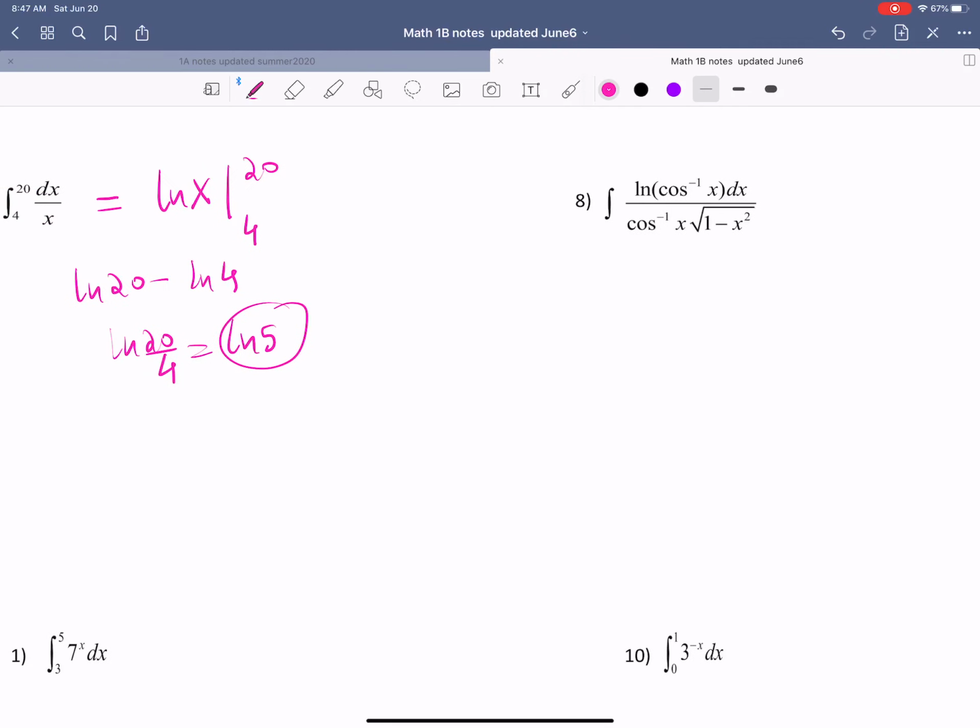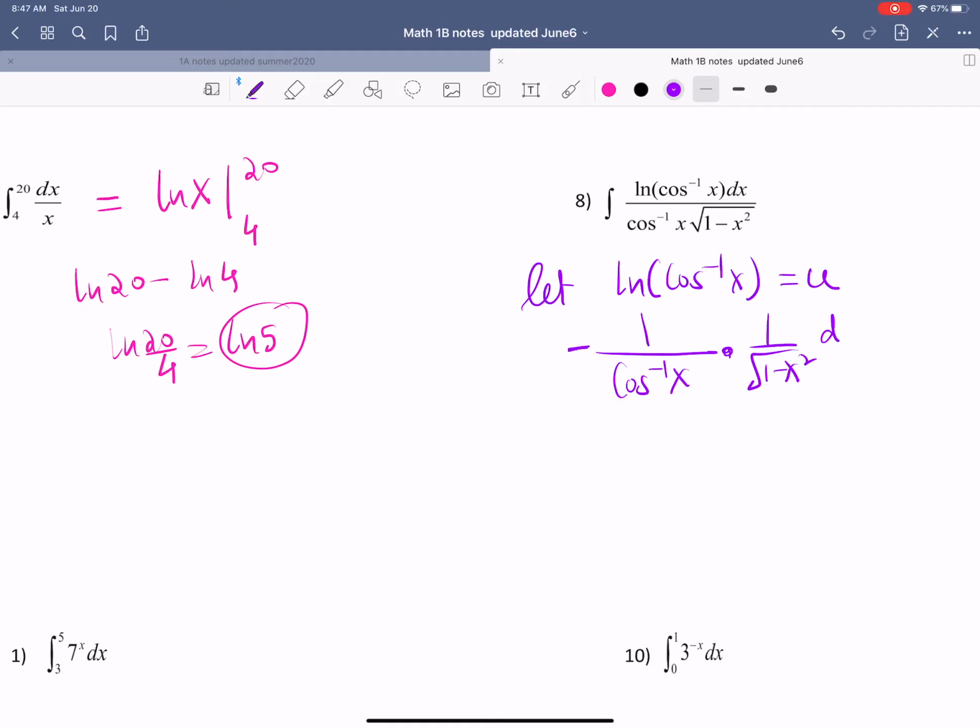Lot going on in here. We have a cos inverse x. I think what we can do here is plug in. Let natural log of cosine inverse x be u. Then 1 over cos inverse x times the derivative, with the negative, dx is du.